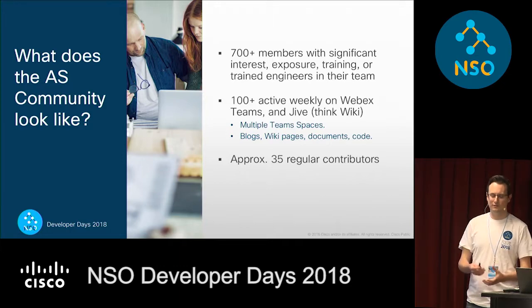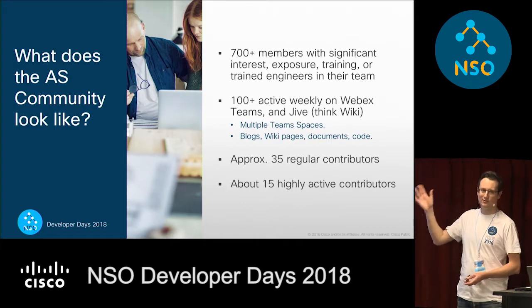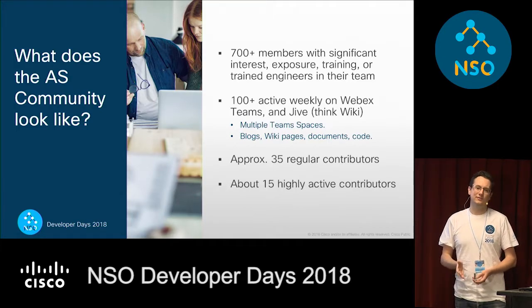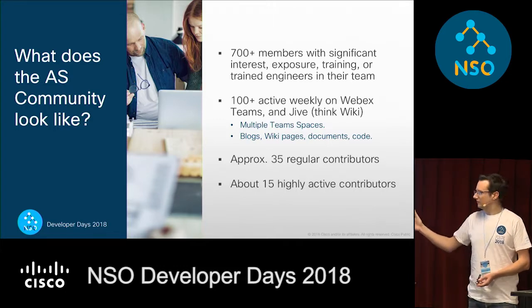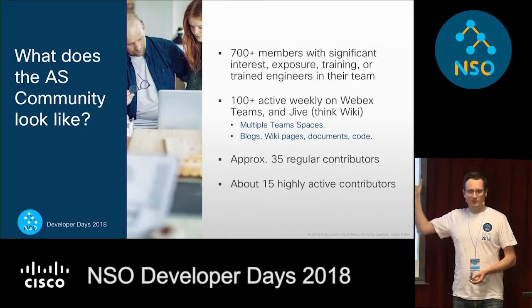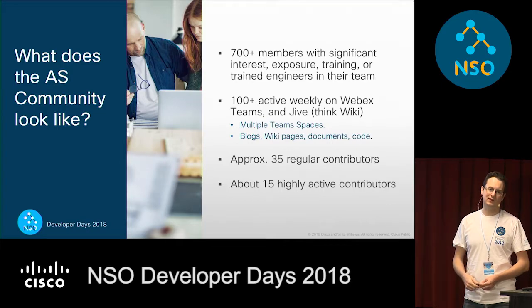And we have about 15 really active people. So you look at those ratios, and I'd say for most of you in customer land, those are not great ratios. You really have to push for this, right?